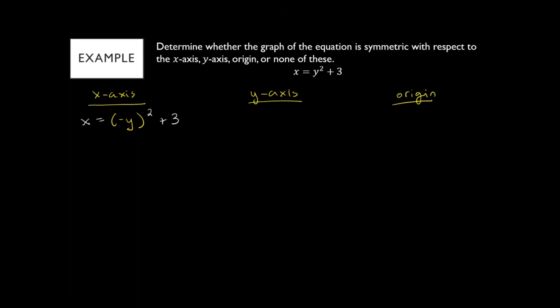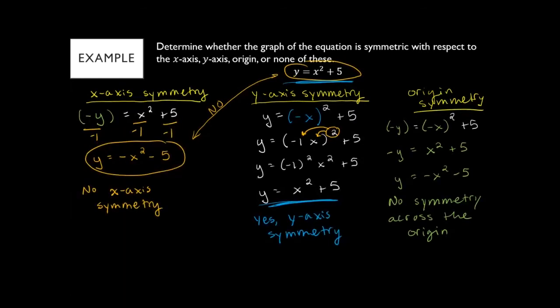This is going to be very similar to the previous problem when we were looking at the y-axis symmetry, because we had that negative in with the squared. The basic rule is whenever you square a negative, it's going to be positive. I showed every step in the middle on how that negative x became a positive x squared.